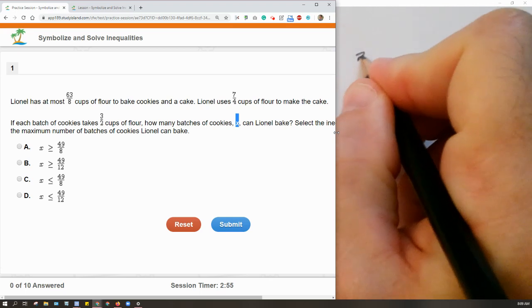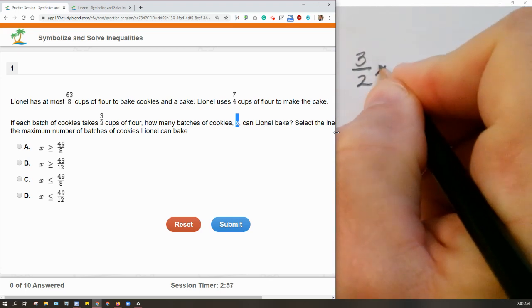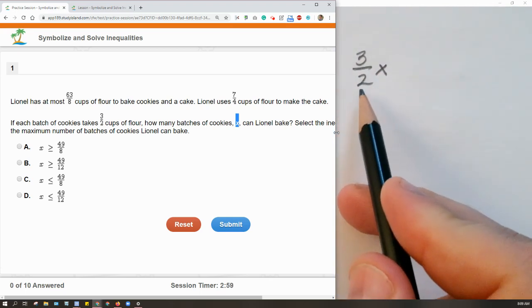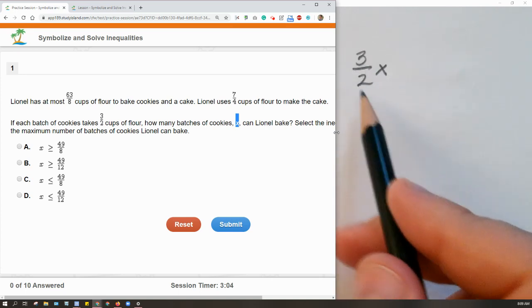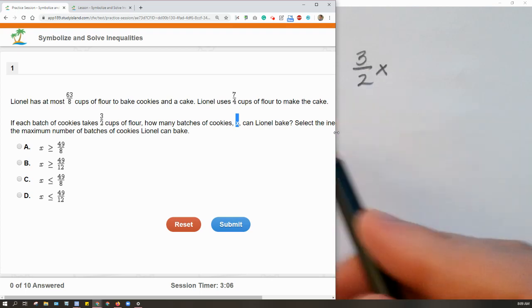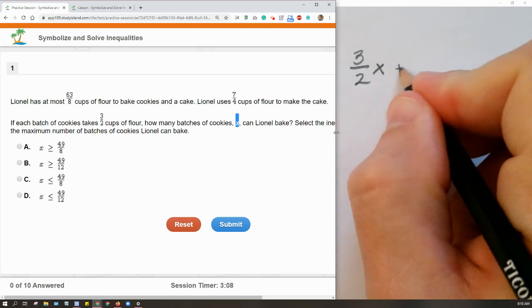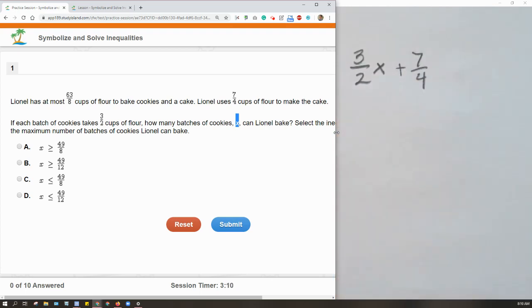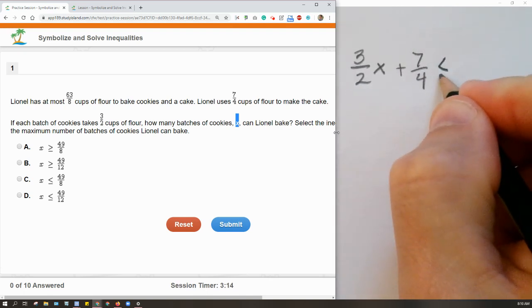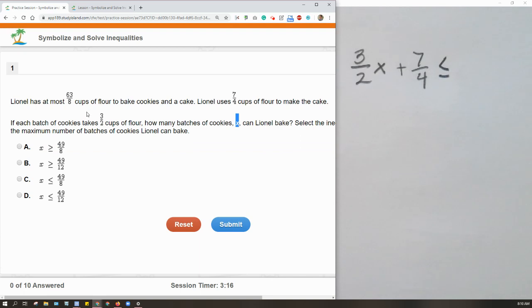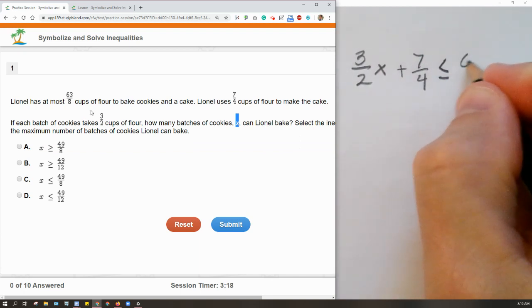So we start with 3/2 times X. This is the amount of flour that one batch takes times the number of batches of cookies, so this is the total amount of flour for all the batches of cookies. Plus the 7/4 cups of flour that he used to bake the cake has to be less than or equal to the total amount of flour he has available, which is 63/8.